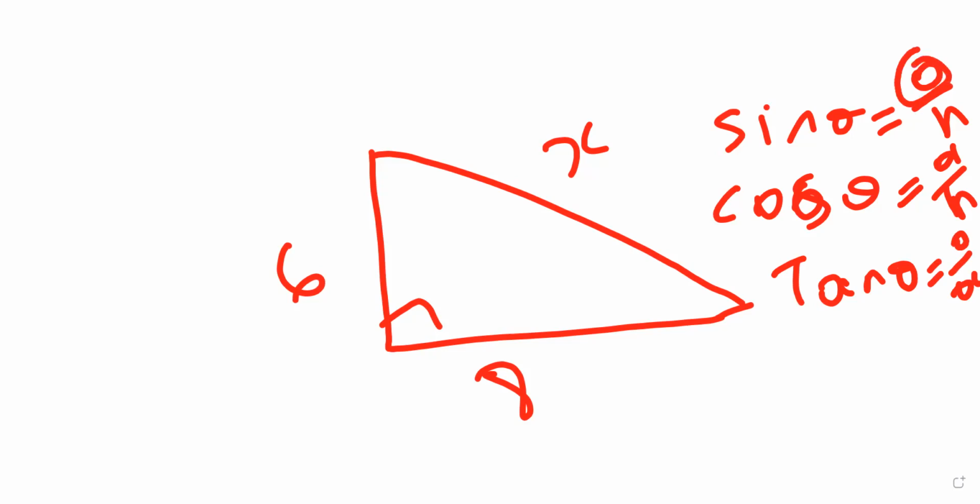Here, we don't even have an opposite side. Now this side represents what? The adjacent side. We don't even have any adjacent side here. The only side we have is the hypotenuse, because the hypotenuse is a side that is always there, whether or not you have a reference angle inside.